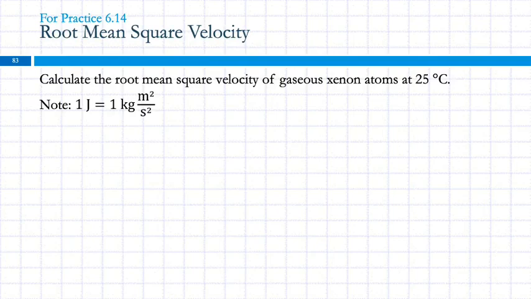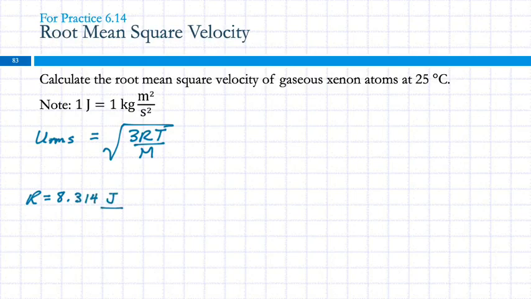Calculate the root mean square velocity of gaseous xenon atoms at 25 degrees Celsius. So we're going to use the equation for root mean square velocity. U RMS is equal to the square root of 3RT over M. And the R here is 8.314 joules per mole Kelvin.